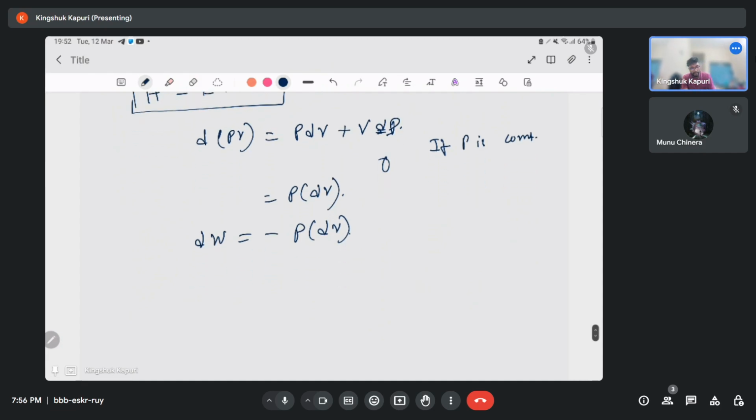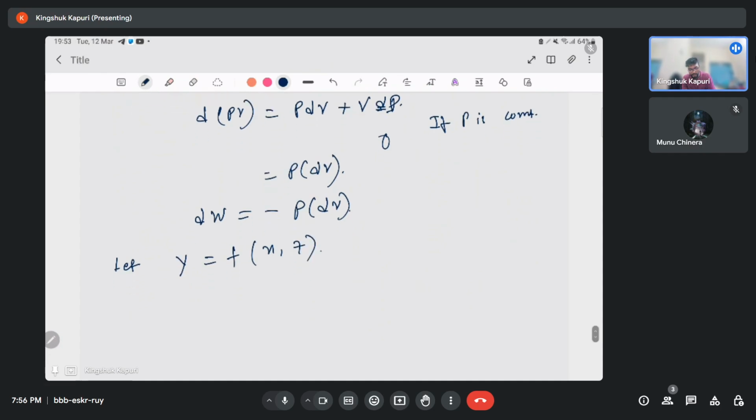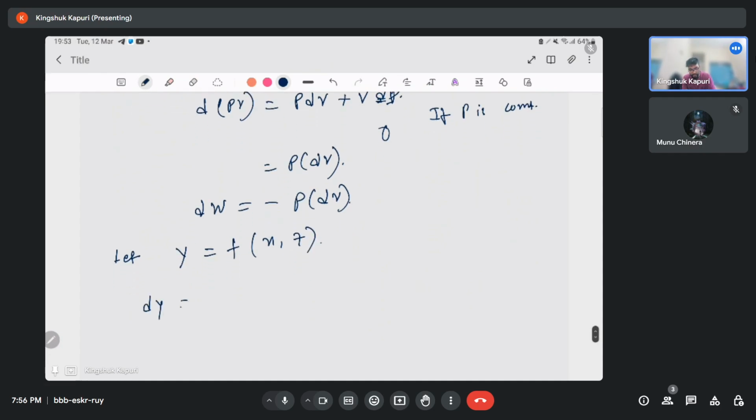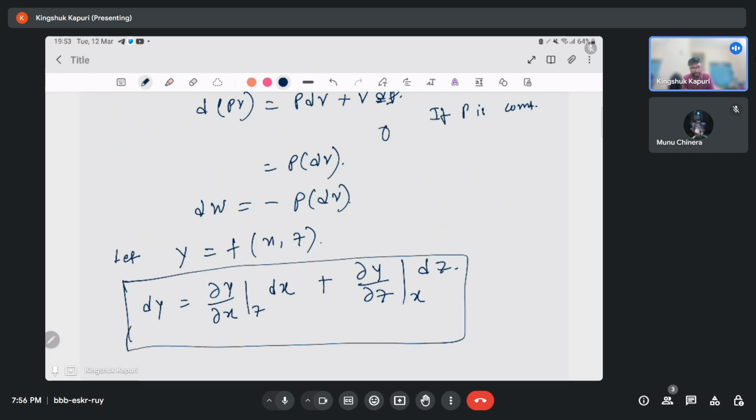So before that, I want you to be familiar with the partial derivative of a term like f of x comma z. हम लोग ये ऐसा लिख सकते हैं: dy equals del y by del x at constant z, dx, plus del y by del z at constant x, dz, right? ये हम लोग partial derivative class में किए हैं.